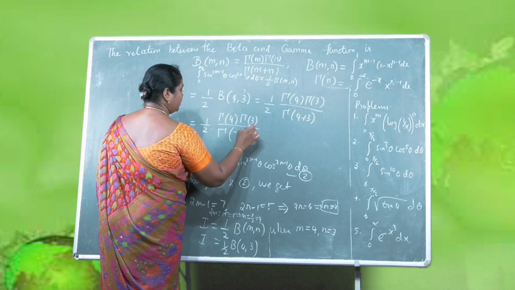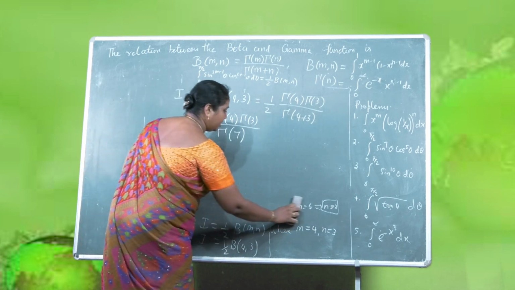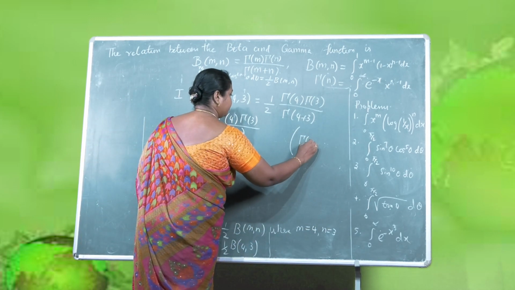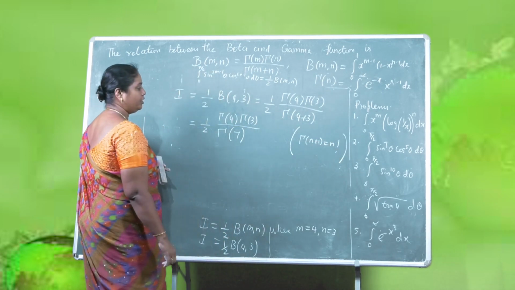So 4 plus 3 is 7. Again we are going to use the recurrence relation. What is the recurrence relation? Gamma of n plus 1 equal to n factorial.